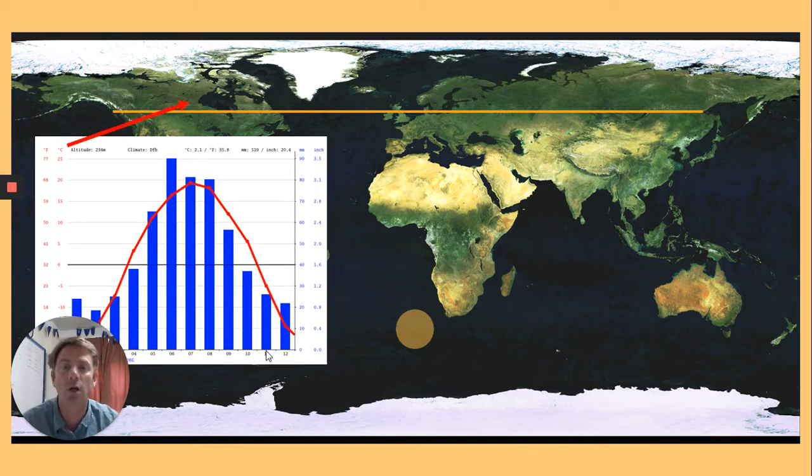Let's have a look at a climate graph. Now, forget the blue lines for a moment. The blue lines are the rainfall, the precipitation, but do look at the red line. The red line is the temperature. What we want is the axis on the left-hand side, the y-axis.